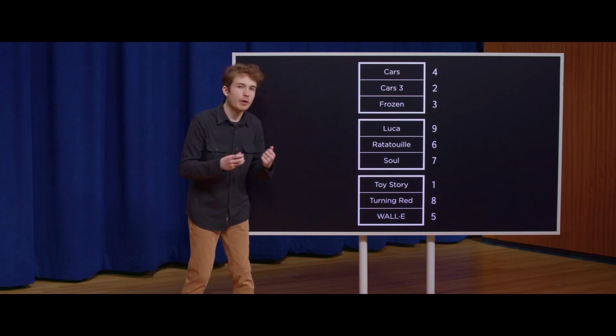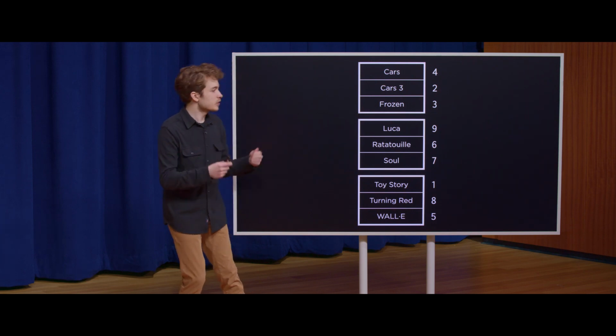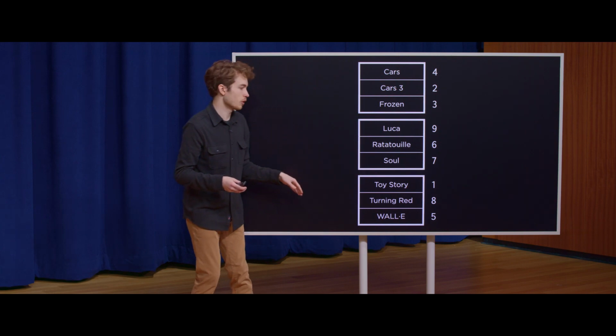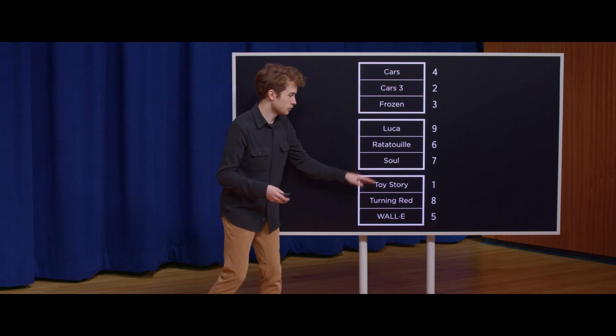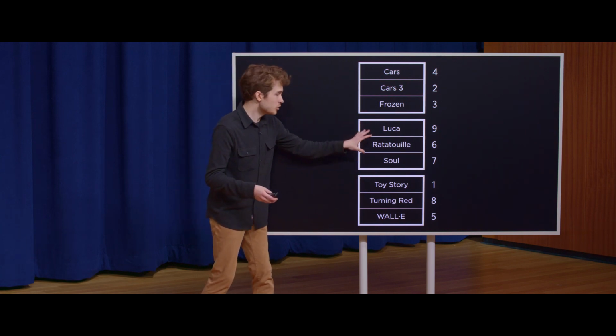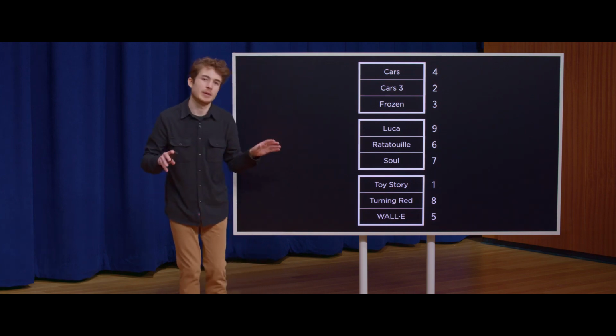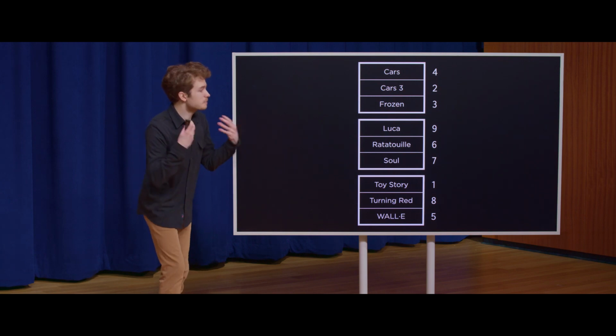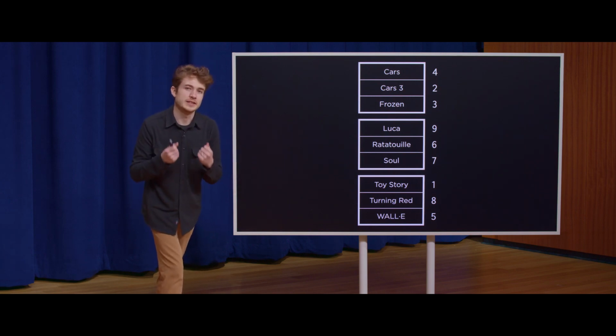But what problem have I introduced now? If these are around the computer's memory, I can't actually jump between them anymore. I can't go maybe one space above Toy Story and find Soul. This node might be elsewhere in memory. And so we'll need some other nodes to actually help us find what we're looking for in this index.